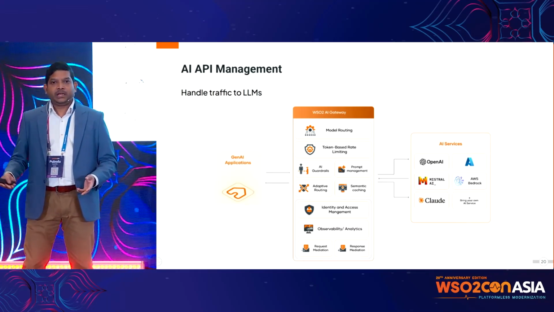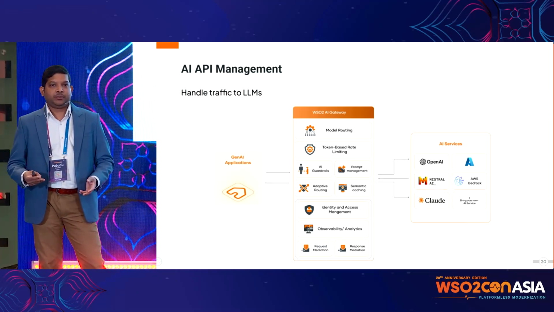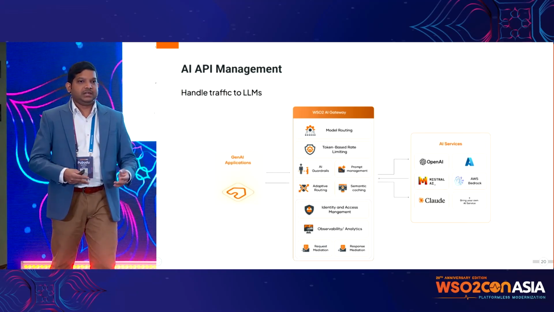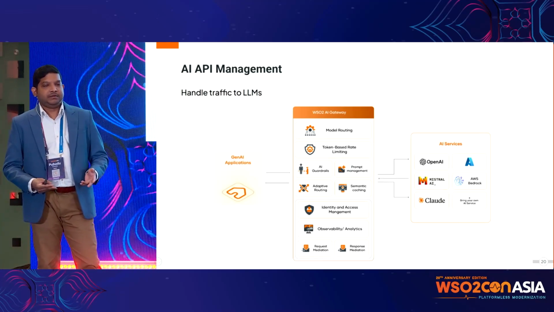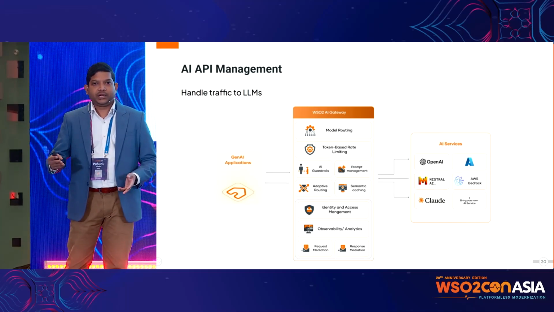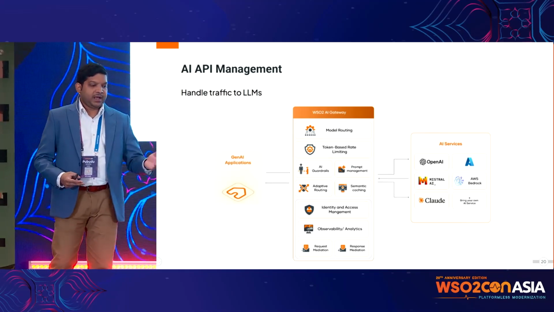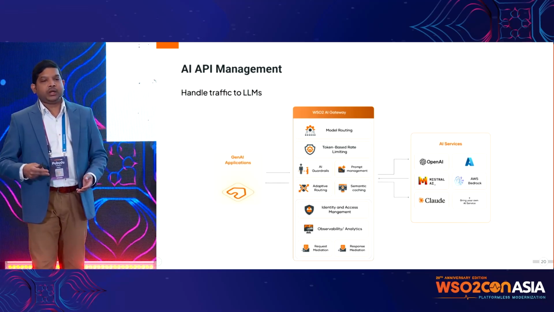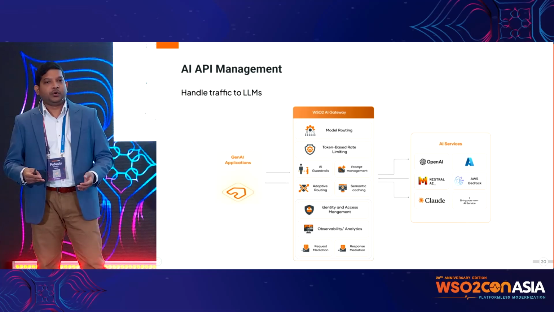Then prompt management is one of the aspects where you can enrich your prompts, where when a user provides some chat, you can improve that with some background context. Then we have adaptive routing, where you can do round robin and failover for your models.